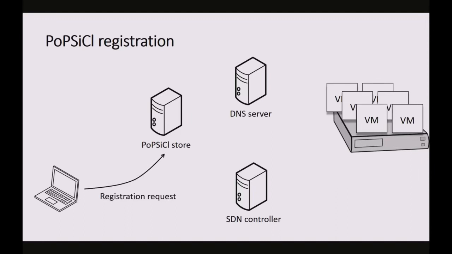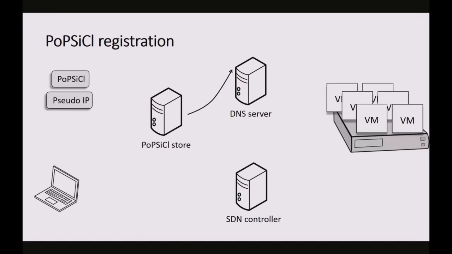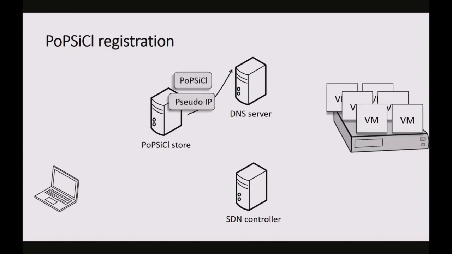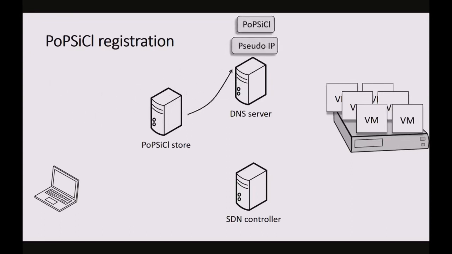The popsicle store is first going to create the popsicle, as well as a pseudonymous IP address, which is actually the IP address of an SDN controller that's running in the same data center as the tenant server. Basically, for all the tenant servers in that data center, they're going to get a pseudonymous IP that's really just an SDN controller of the data center. In addition, first of all, that will be provided to the DNS infrastructure for resolving the popsicle.